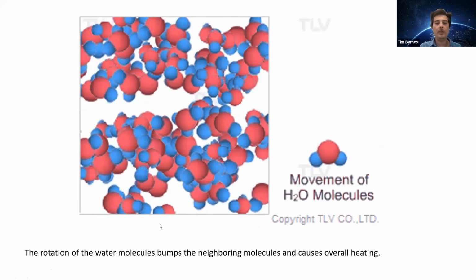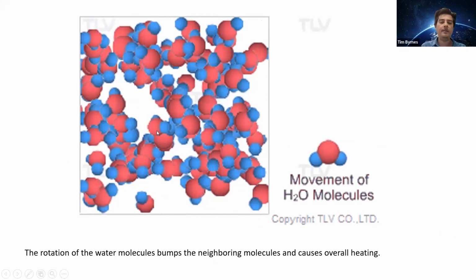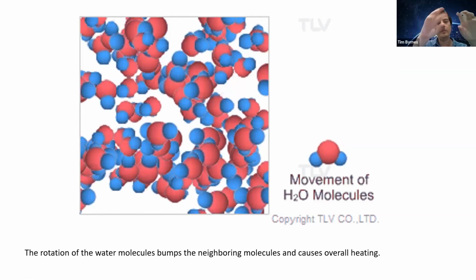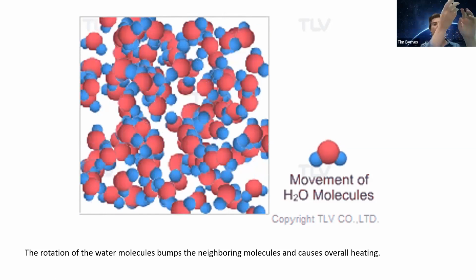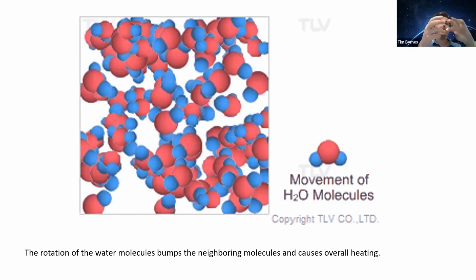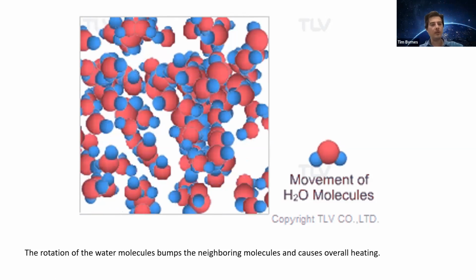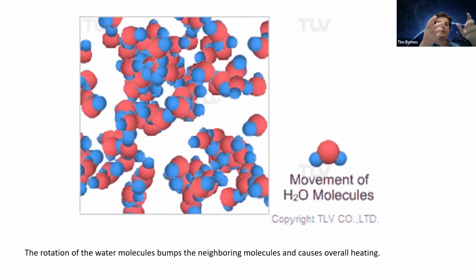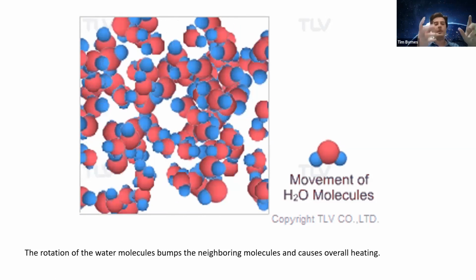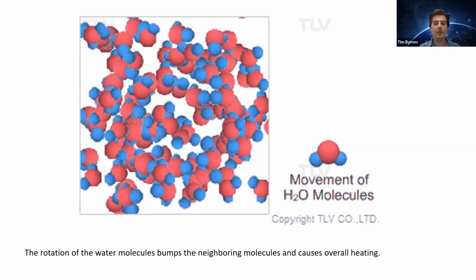So essentially, what's going to happen is the water molecules are going to be rotating, and then one bumps into another molecule, which goes flying, and that's also going to be rotating. The rotation is just starting off this process of everything randomly bumping into each other.